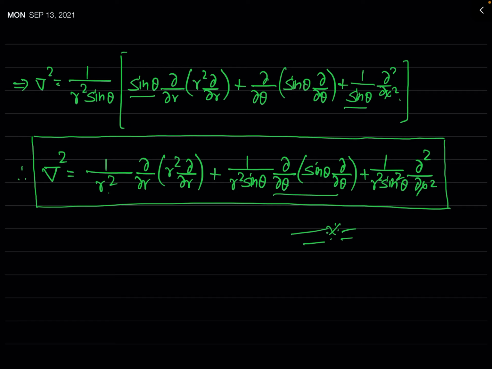If you have studied problems in electrostatics, boundary value problems, the solution of the Laplace equation in a spherical polar coordinate system, definitely you have used this expression for the Laplacian.